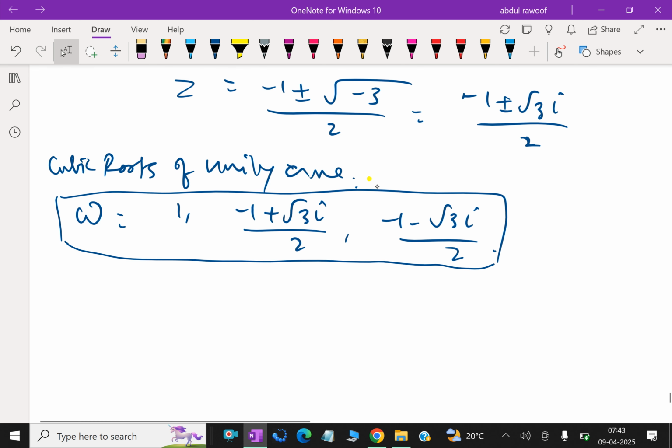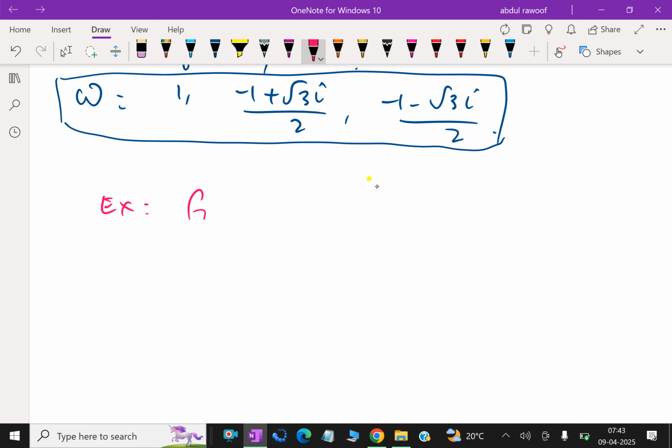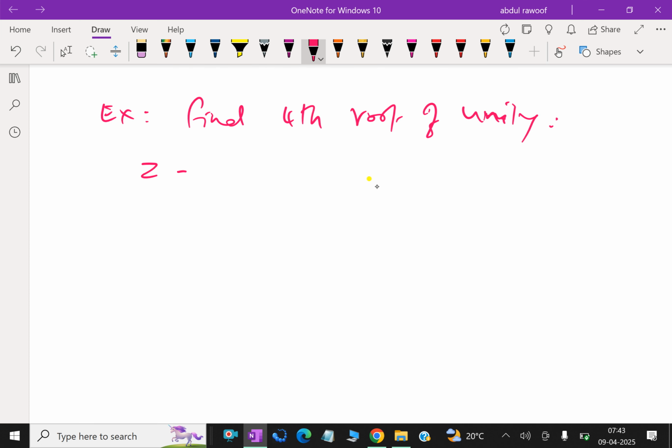Now we'll do the next example. What is the fourth root of unity? Find the fourth roots of unity. There are 4 roots you have to find. Let z = 1^(1/4), which gives z⁴ = 1.